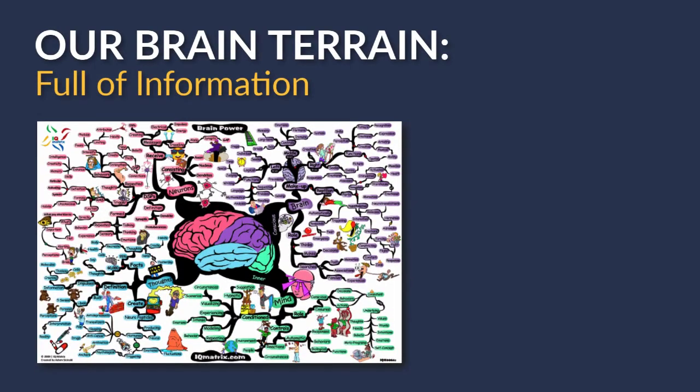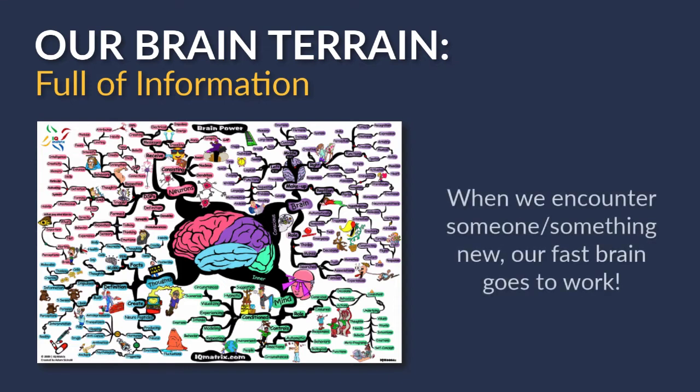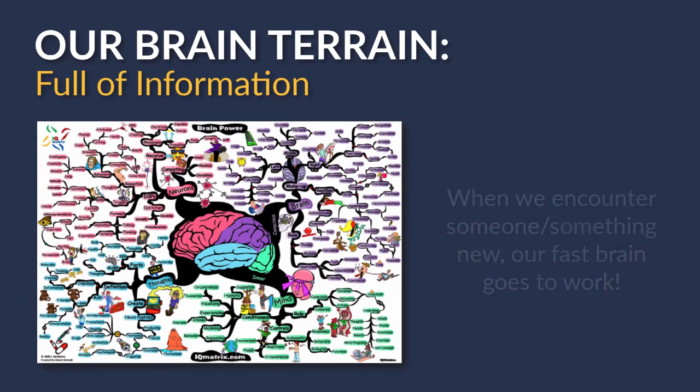As you can see from this highly accurate and realistic brain map, there's a lot of information stored in our brain. When we encounter something or someone that requires some sort of processing or sense-making, our fast brain processes do this very quickly by finding some bit of information already stored in the brain to apply to the person or situation at hand.